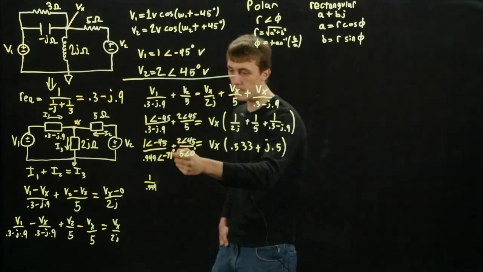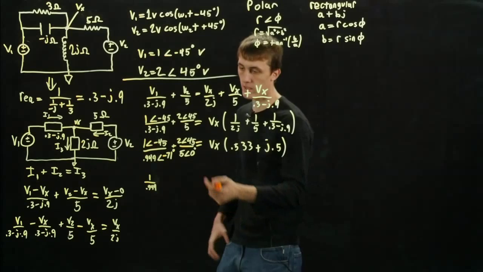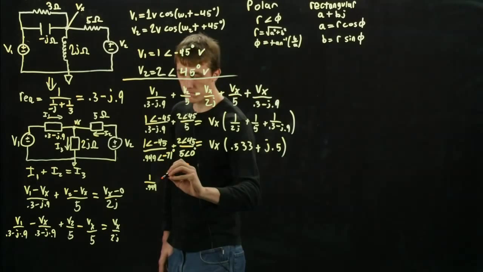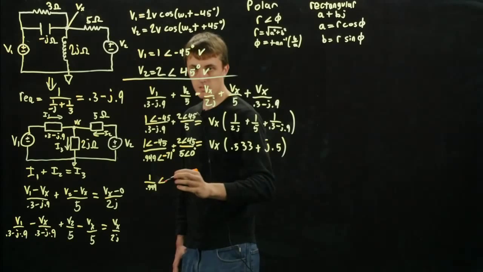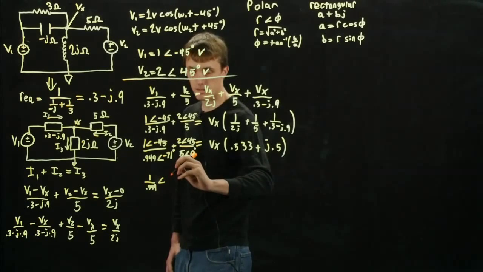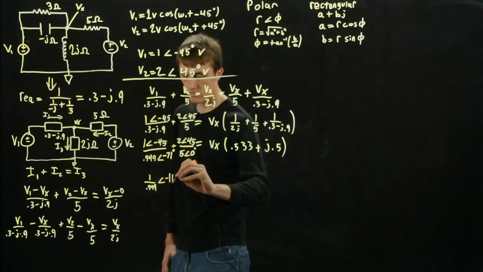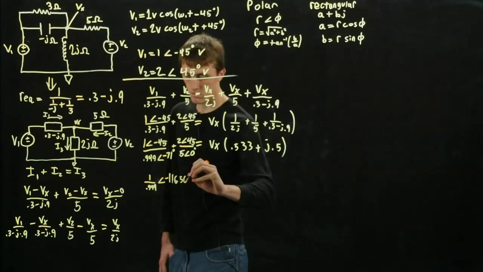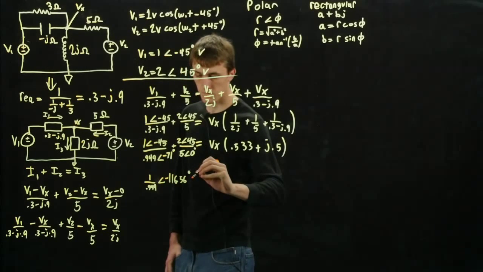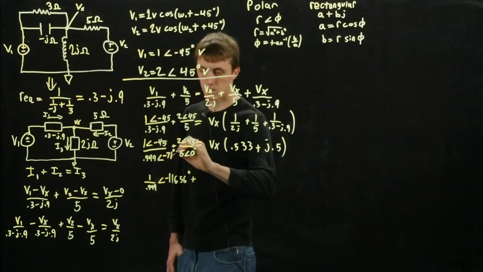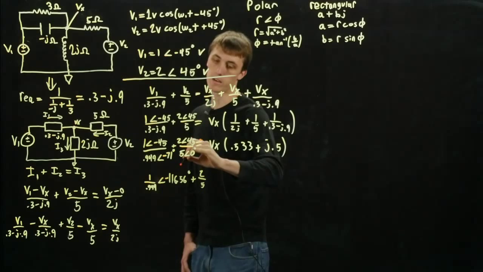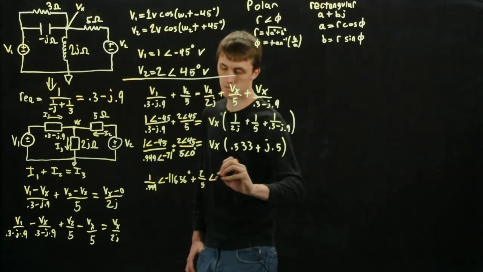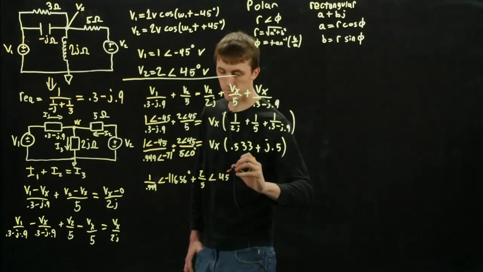If you're dividing, the angles will subtract. If you're multiplying, the angles will add. So this is angle negative 116.56. And this one is 2 over 5, and we subtract the angles, 45 minus 0, it's 45.